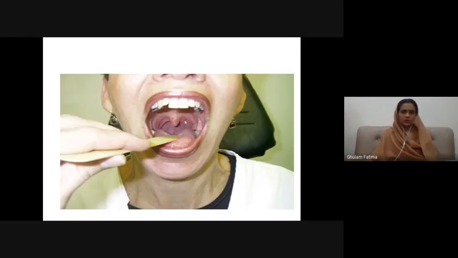You will touch this part usually with a stick with cotton on it, and as a reflex the patient will show contraction and elevation of this soft palate.